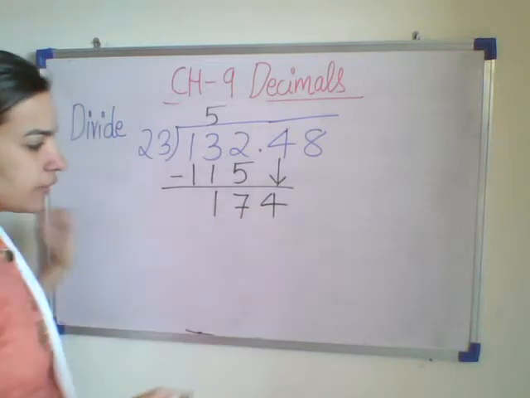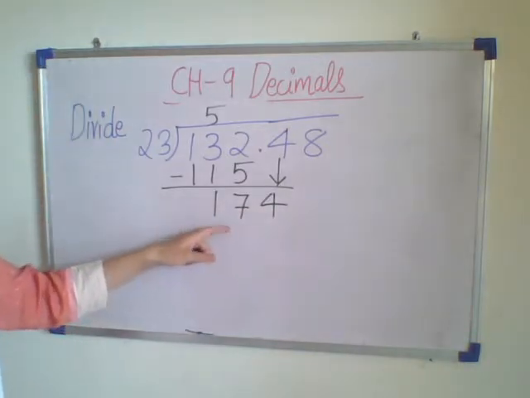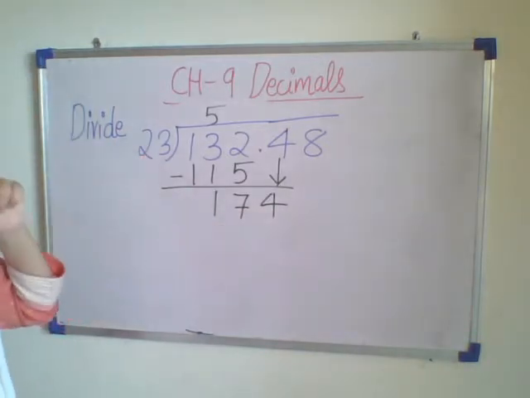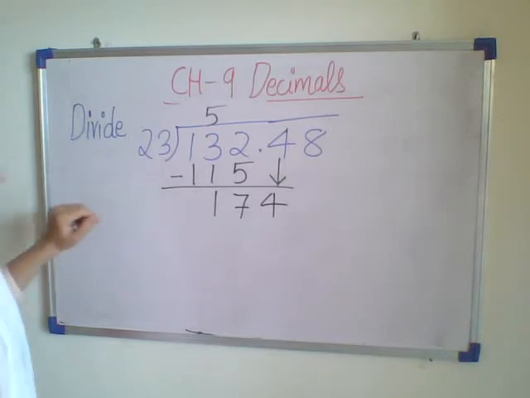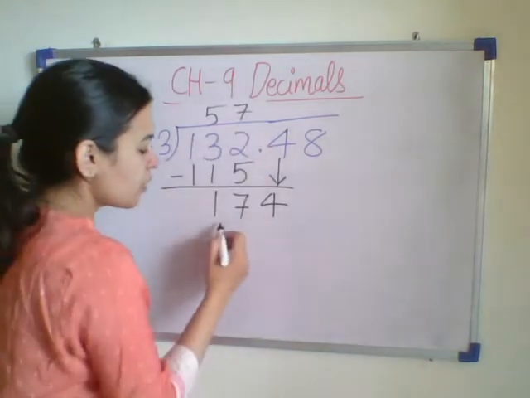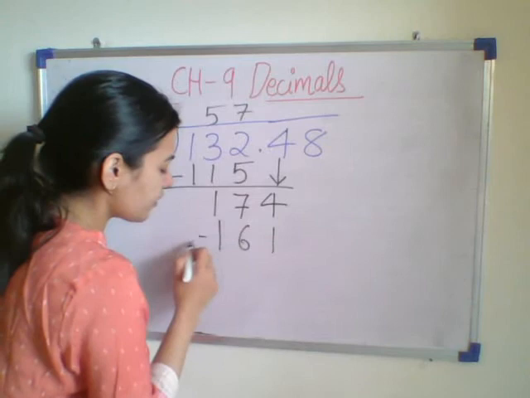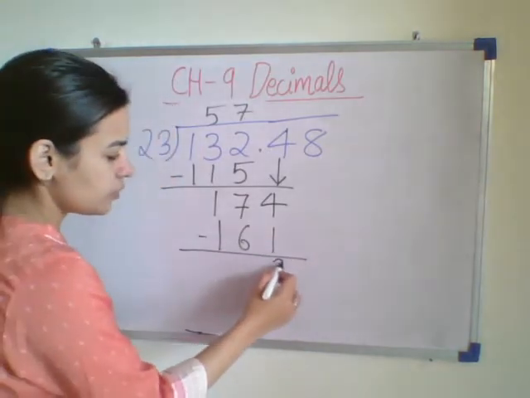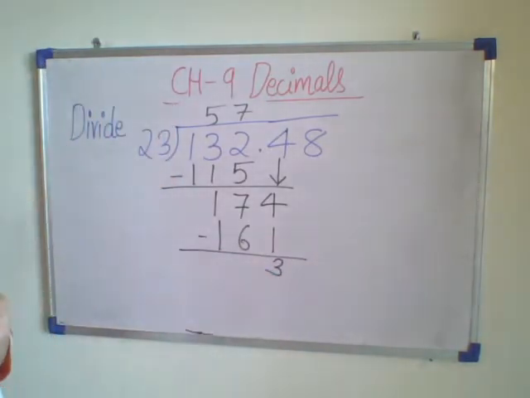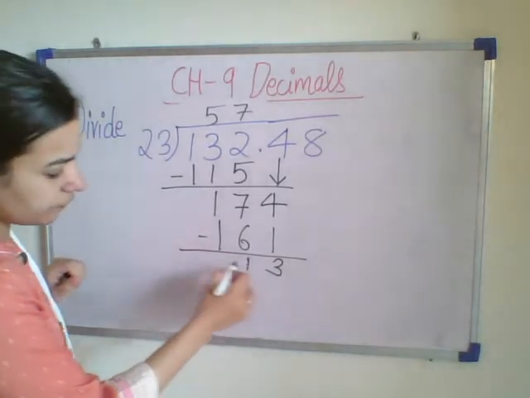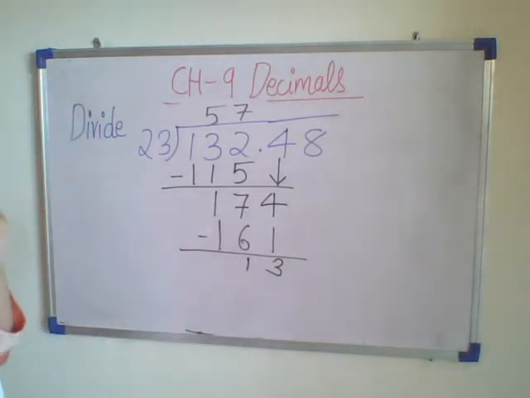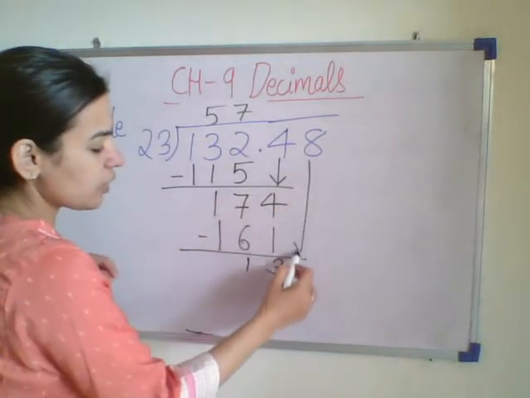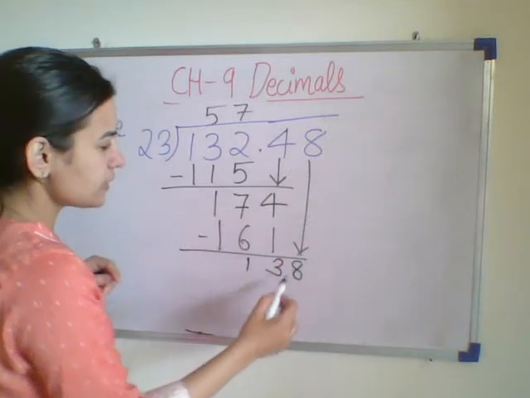Now 174, we have to divide it by 23. So 23 7s are 161. Now subtract it. 13. As 13 is smaller, we will move down this 8.